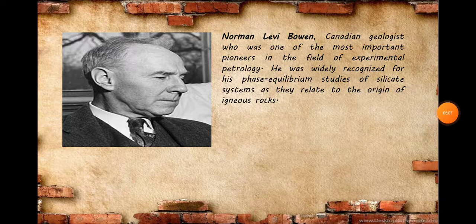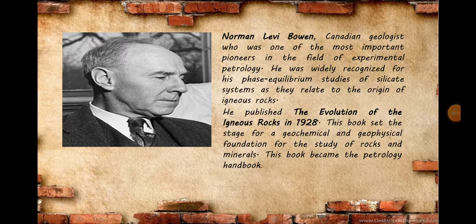One of the petrographers is Norman Levi Bowen, a Canadian geologist who was one of the most important pioneers in the field of experimental petrology. He was widely recognized for his phase equilibrium studies and silicate systems as they relate to the origin of igneous rocks.